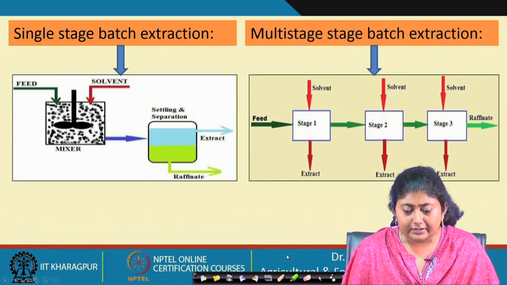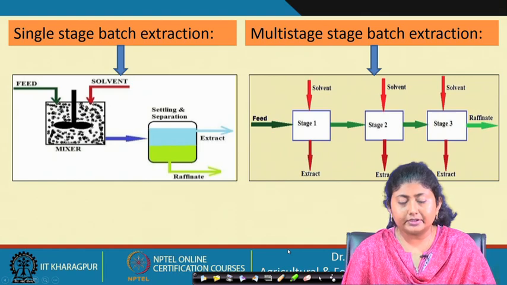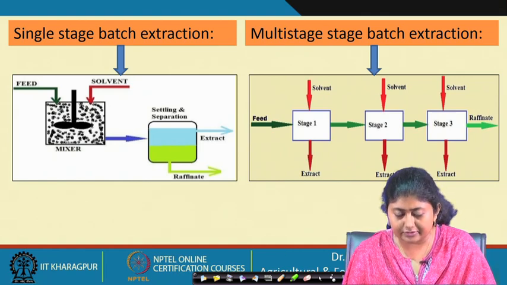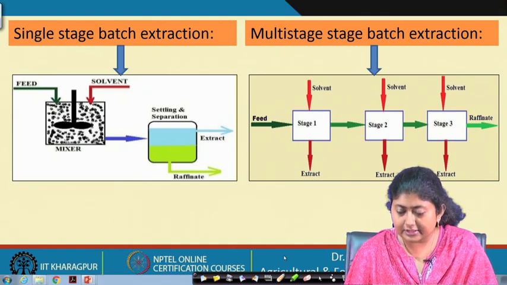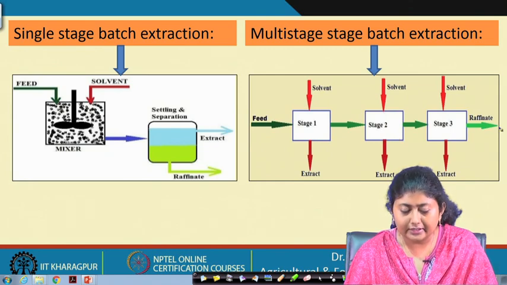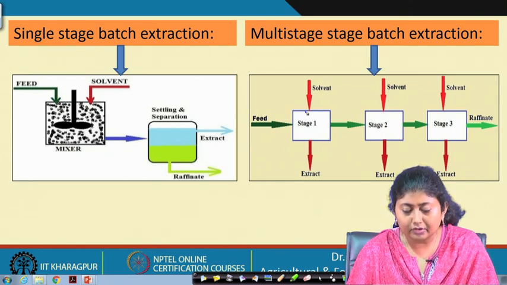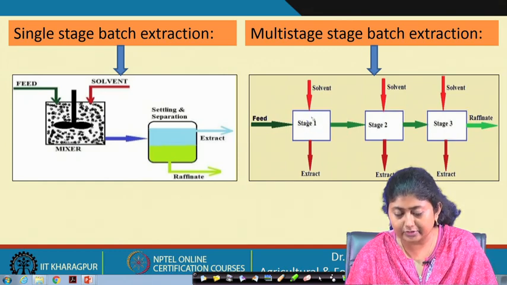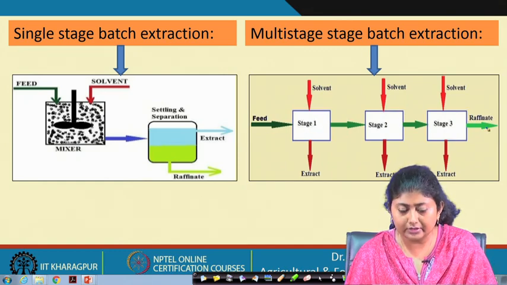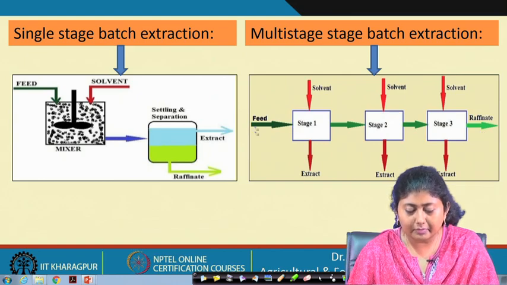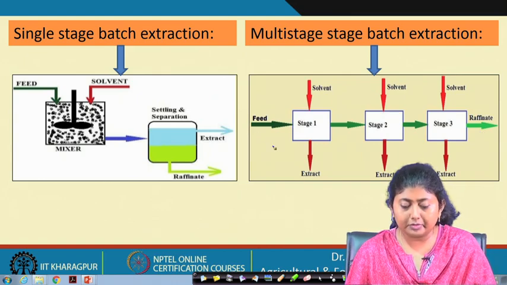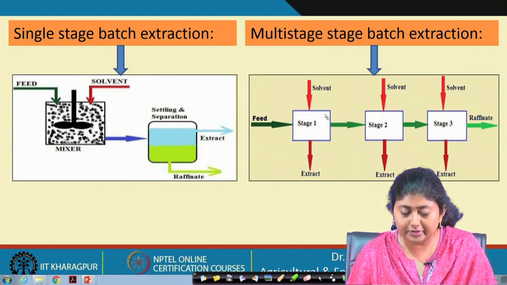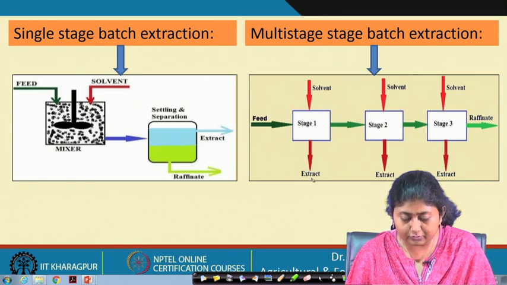Now, what is multi-stage batch extraction? In multi-stage batch extraction there are many stages, stage 1, 2, 3 and so on, and in every stage solvent is freshly entered. However, the feed moves from stage 1 to stage 2, stage 3 and so on. In every stage some amount of the solute component is separated by the solvent and goes to the extract.